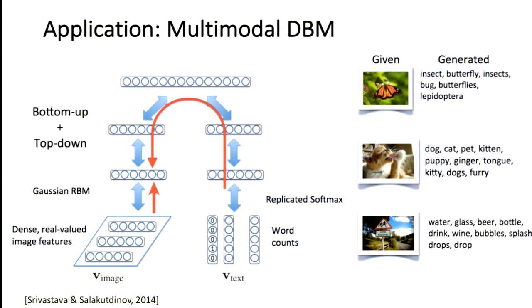So it's called an insect, butterfly, bug, and so on, which seems quite realistic, or what a human would also call. But sometimes the model, of course, fails. Like in this case, perhaps the sky does look like bubbles, but anyhow, this model fails in certain cases. This was trained on 1 million data from a Flickr data set. So still, this was one of the earliest examples where such multimodality could be achieved using a deep Boltzmann machine.